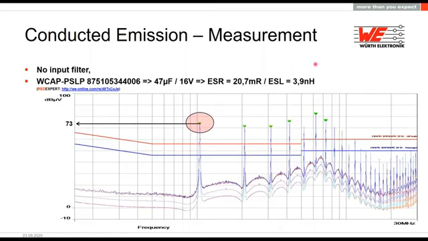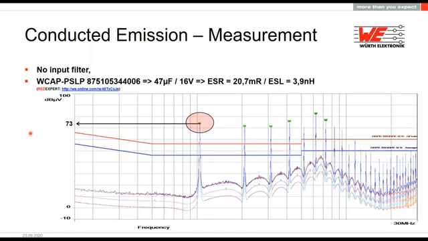What I did, I changed technology. So I changed to a polymer and an MLCC, also 47 microfarad, 16 volt. ESR is now 20.7 milliohm. ESL is also lower. You can check it with REDEXPERT also. And then I decreased my conducted emission.